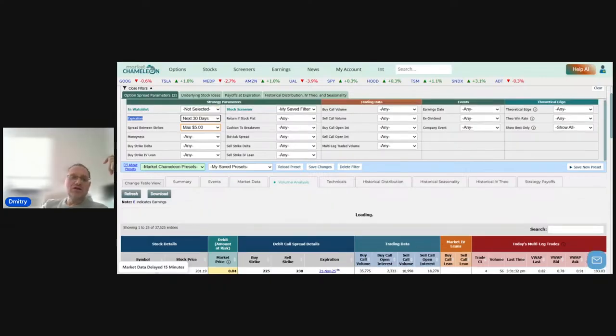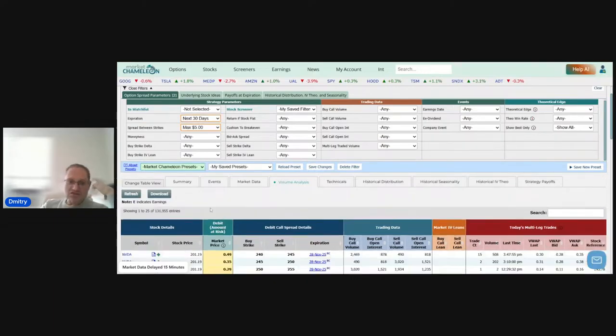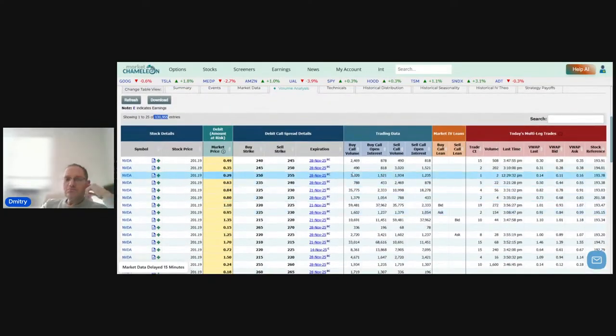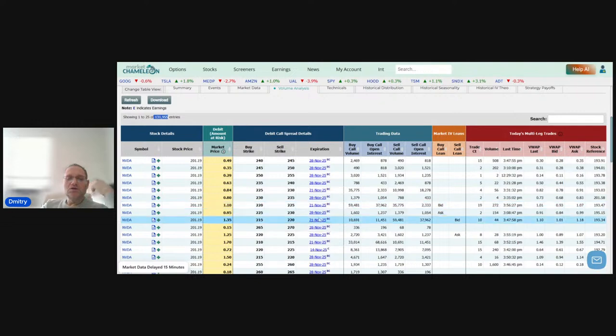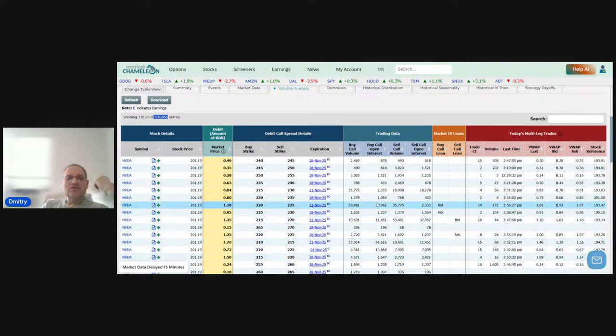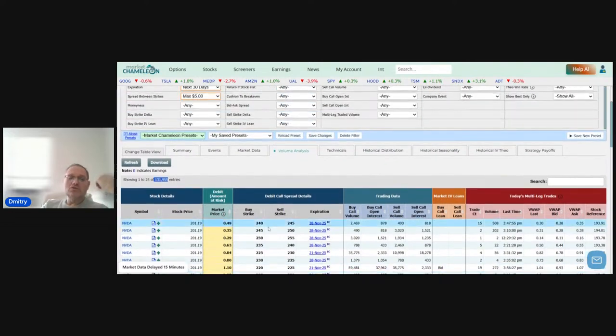So by clicking it, we're going to see so far we have 37,500 potential candidates. Now we have 131,000, right? Because now you see November 28th expiration here, November 21, all these different expirations available with different combinations of strikes.